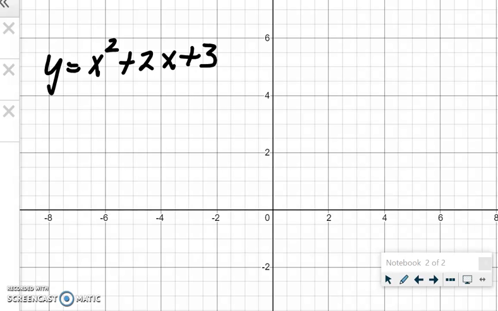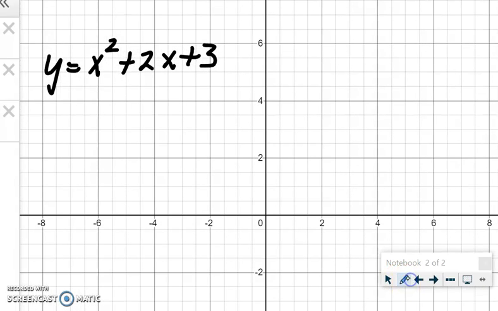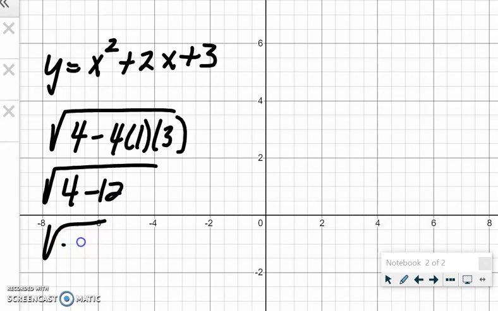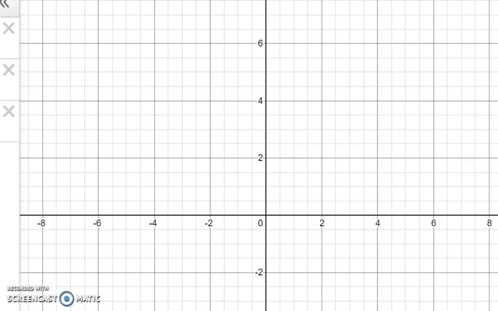If I find the discriminant, which is b squared, so it's going to be under here, it's going to be 4 minus 4 times a times c. Well, I know I'm going to get 4 minus 12. That answer is going to be negative 8. The discriminant is negative. If that is negative, it's telling me this graph should not cross the x-axis. And when I graph this here, that's where it's graphed.